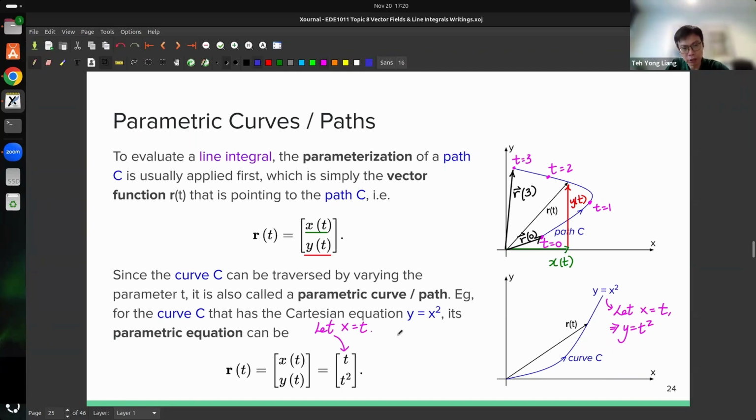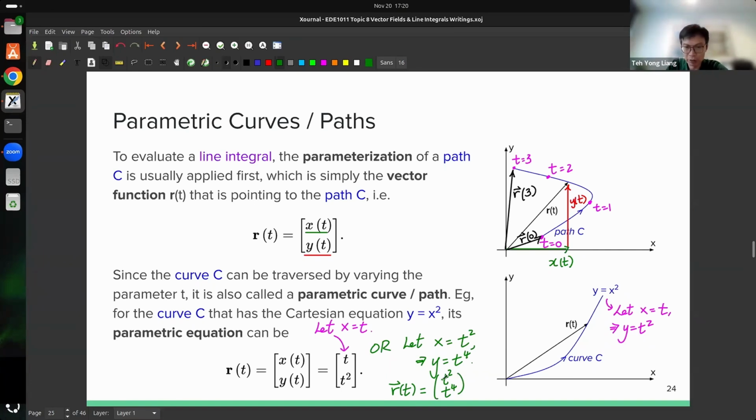Let me write another parameterization, where you let x be, for example, t squared. If x is t squared, that means y must be t to the power of 4. So if y is t to the power of 4, then your r of t will be (t squared, t to the power of 4). Is that right?